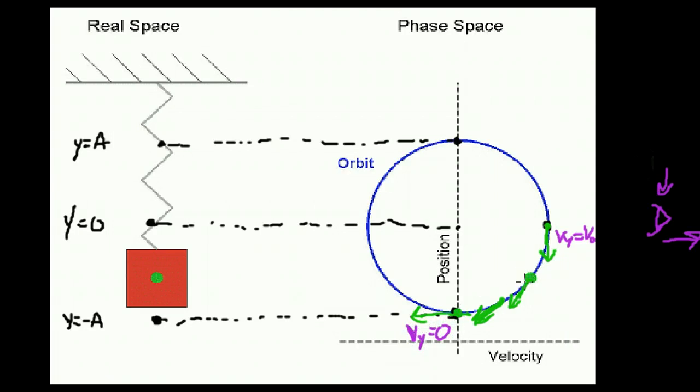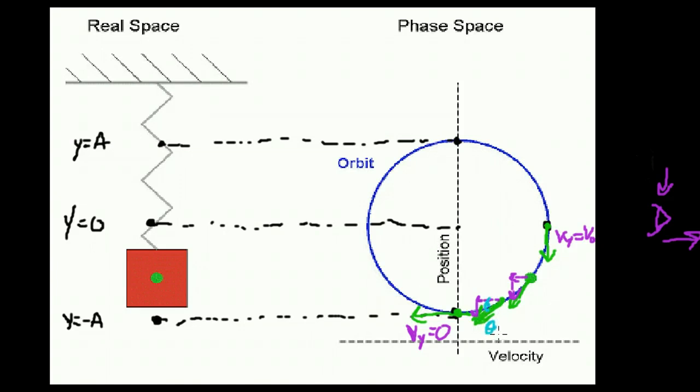If we look at any point in between, we're going to get some vertical component, and as we get closer to the bottom, that vertical component gets less and less. It turns out we could describe this if I define an angle. Let's call this angle theta.